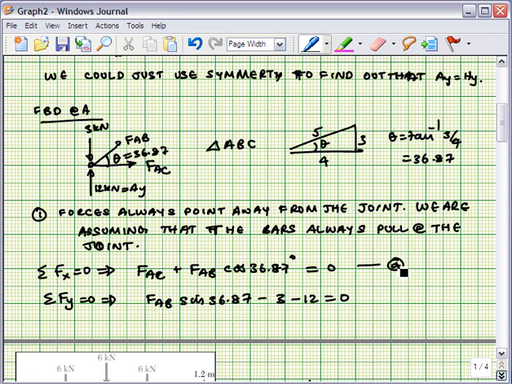So that's A, that's B. So from these two you can see that from B I will get FAB equal to 15 divided by sine 36.87.